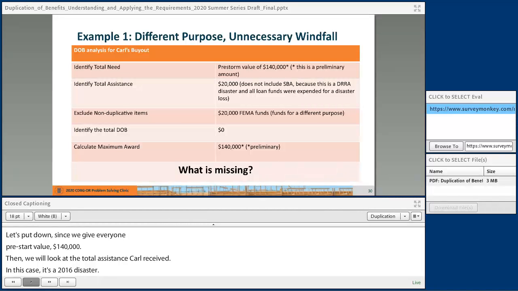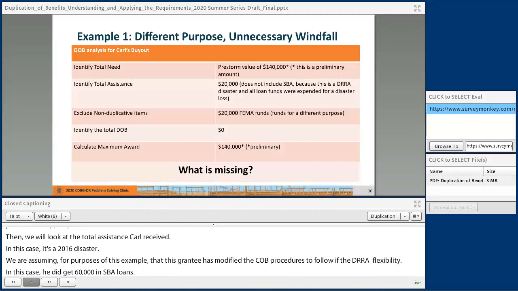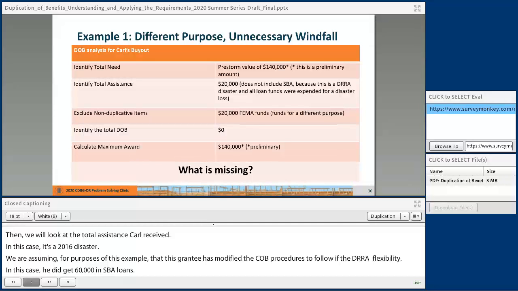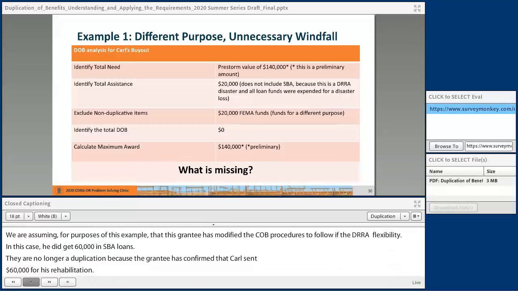So in this case, he did get $60,000 in SBA loans, but they're no longer a duplication because the grantee has confirmed that Carl spent $60,000 for his rehabilitation. So his total assistance, since the loan is no longer assistance because the grantee confirmed that all funds were expended for a disaster loss, is only $20,000.